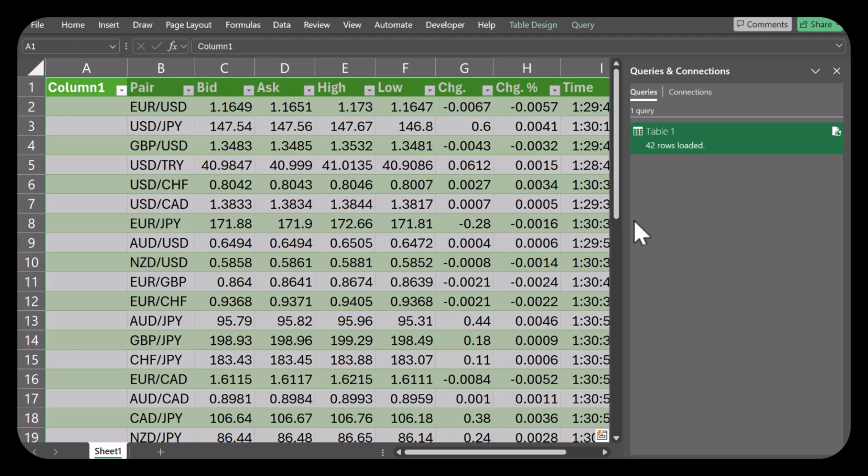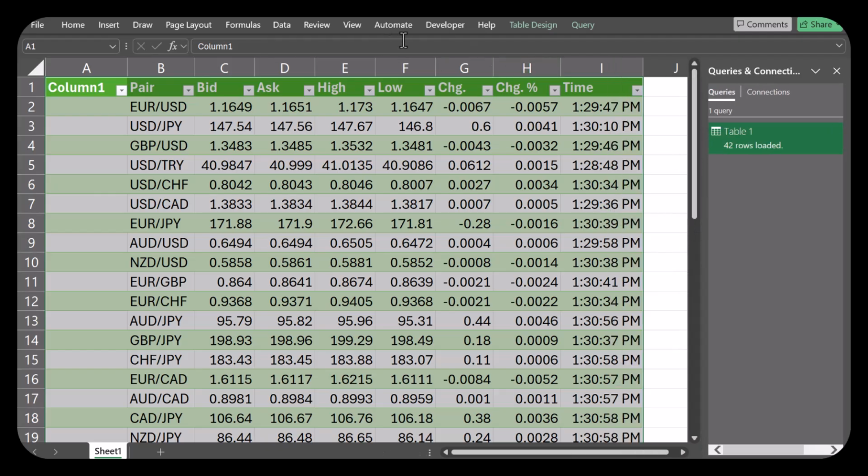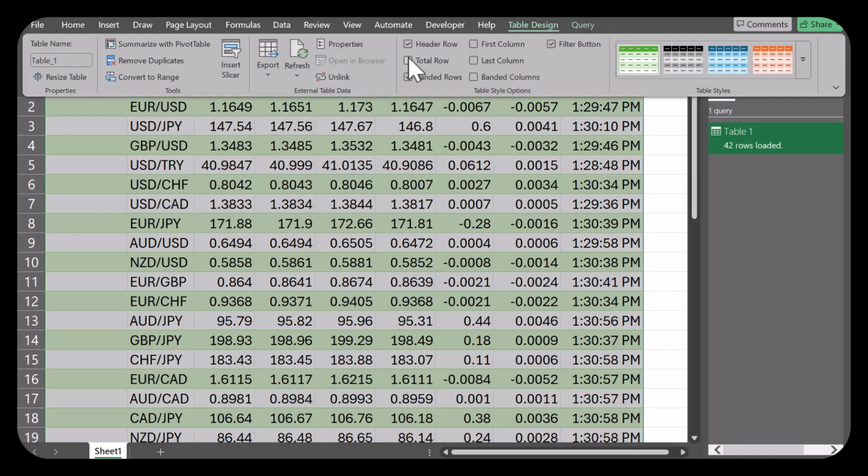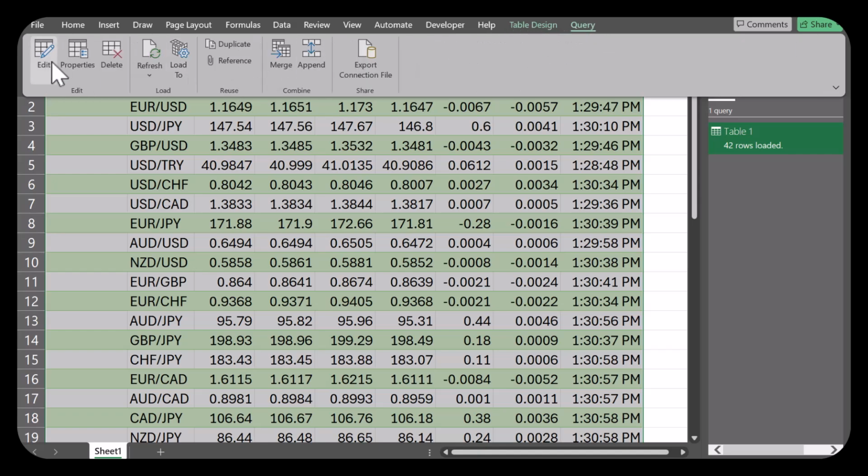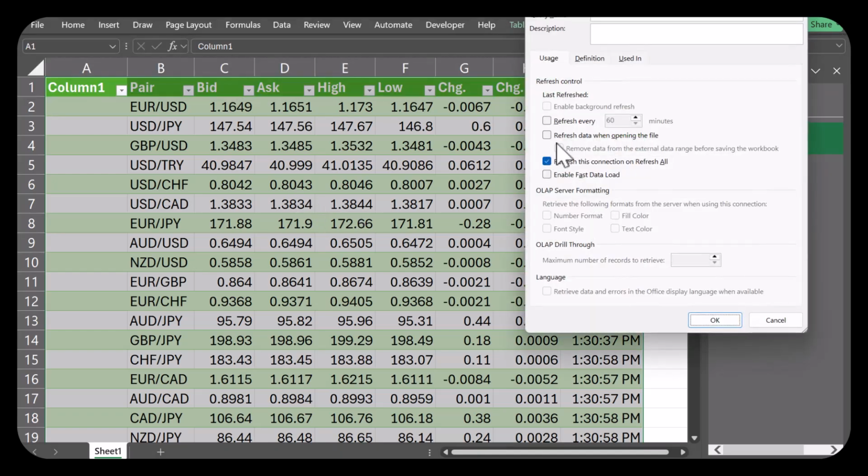Okay. I'll keep all of them here. Let's do table design. No, actually, query properties. Enable every 1 minute. Refresh when it's opening the file. Fast load. Okay.